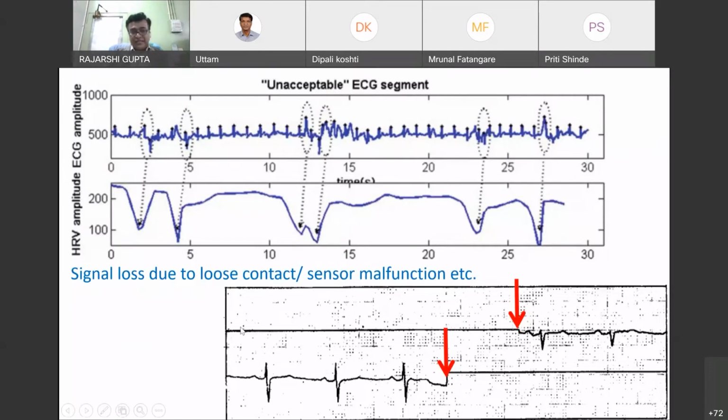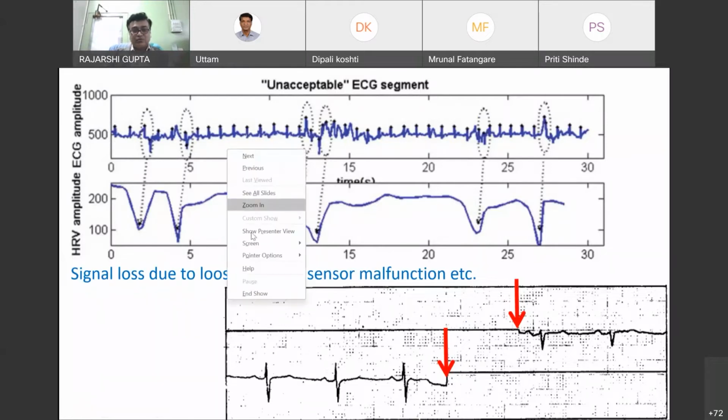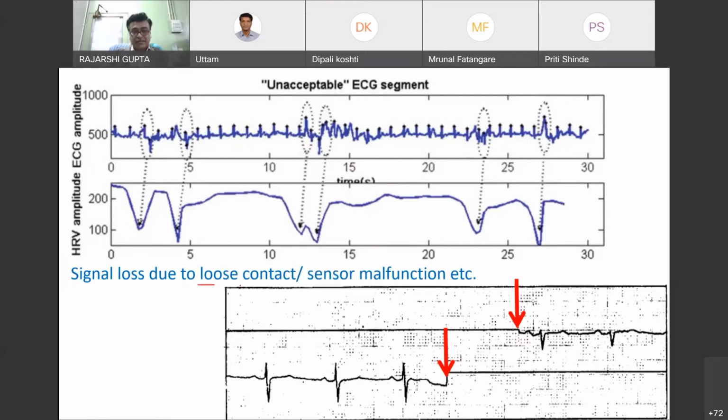In the second case, you can see signal loss due to loose contact of the sensor, which I have already mentioned. Here there is no signal. In this, it is flat. Sometimes it may happen that the signal gets saturated at 5 volt or something, because if the patient suddenly moves, there may be saturation at 5 volt.